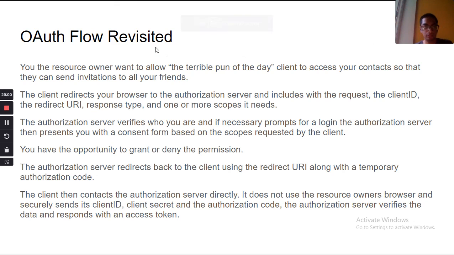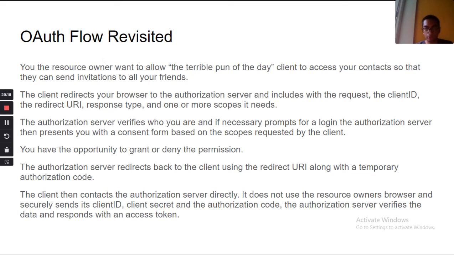Let's revisit the example from the beginning, with the terminologies that we have learned. So, you, the resource owner, want to allow the terrible pun of the day client to access your contacts so they can send invitations to all your friends.